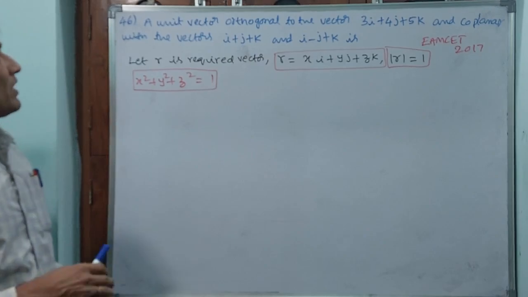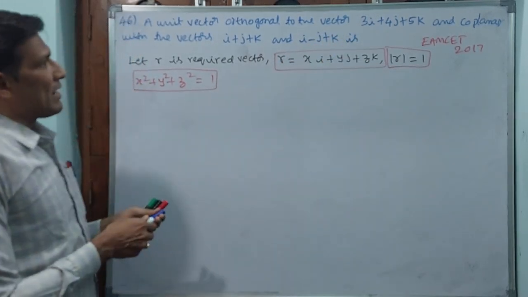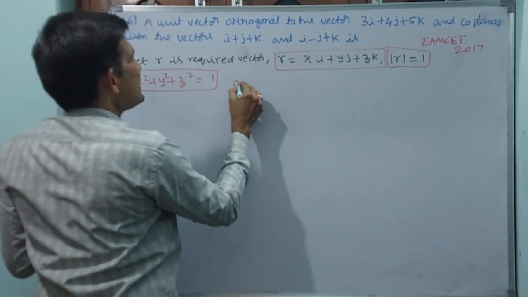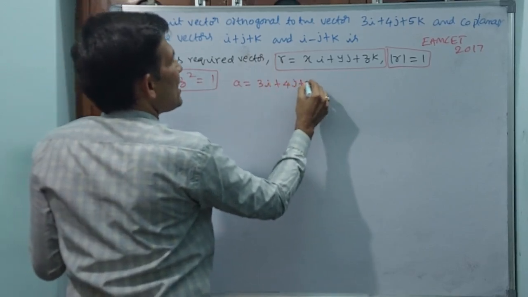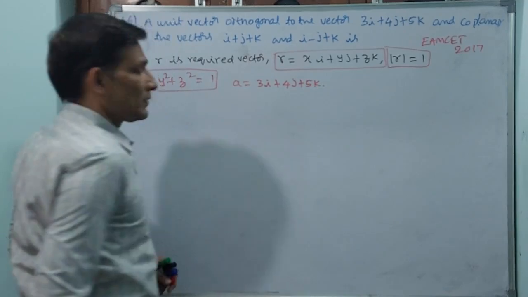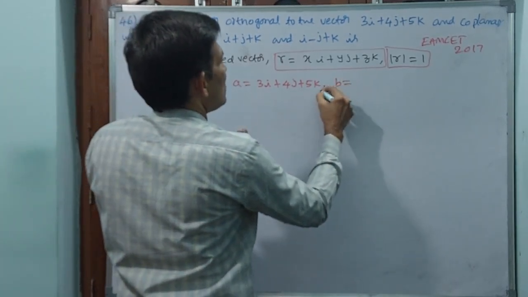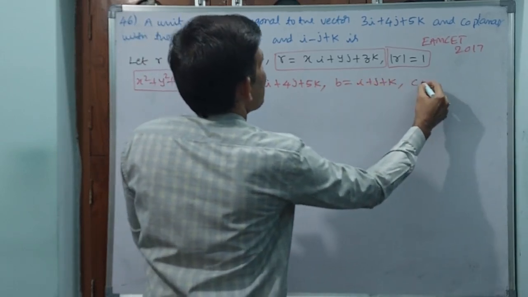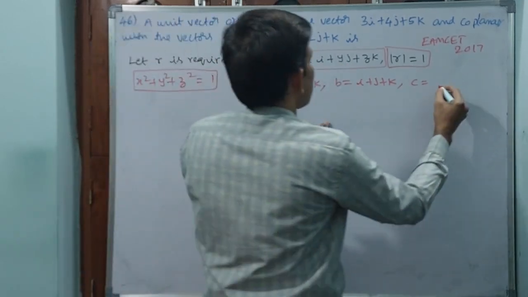Now see, this vector is orthogonal to this vector. Now I am taking one by one. Let A is equal to 3i plus 4j plus 5k. Next, take B and C also. Let B is equal to i plus j plus k. Let C is equal to i minus j plus k. Actually they have given them, but let A, B, C we are taking.